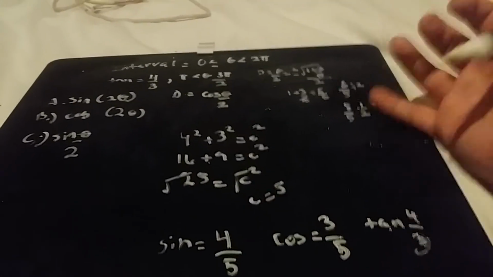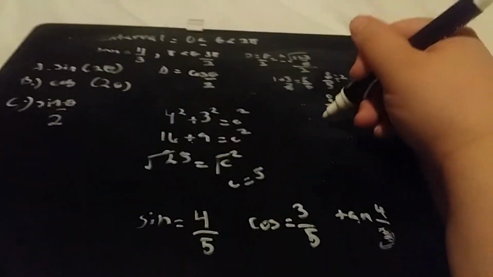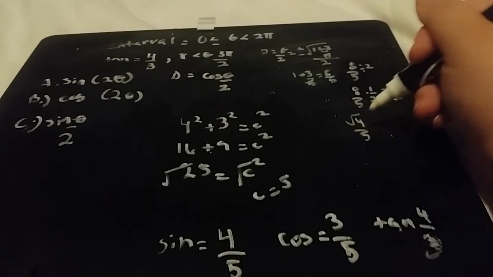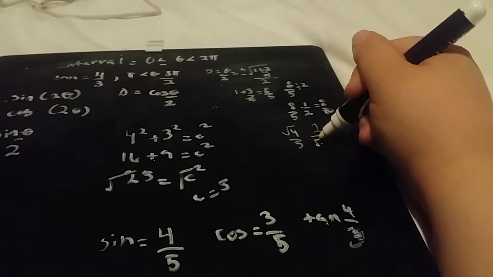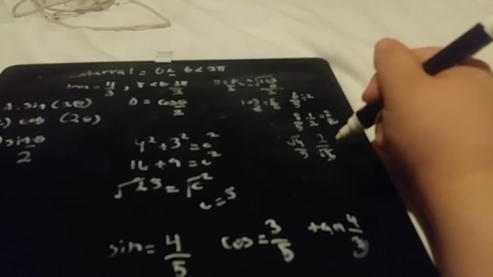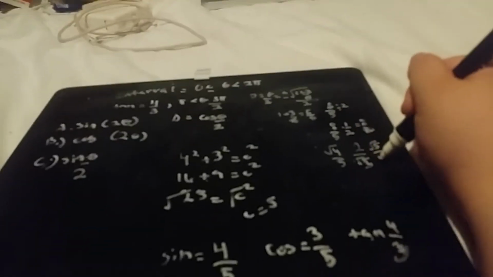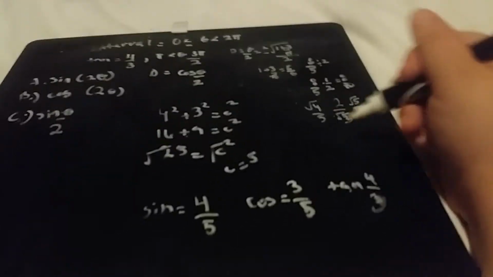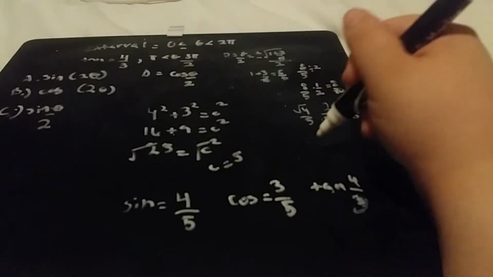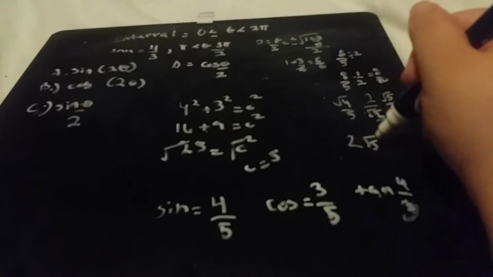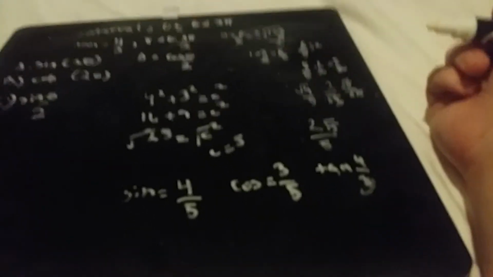That reduces down to square root of 4 over 5. Square root of 4 equals 2. We have to rationalize the denominator again. So square root 5, square root 5. And then this leaves us with the final product of 2 square root 5 over 5 as the answer.